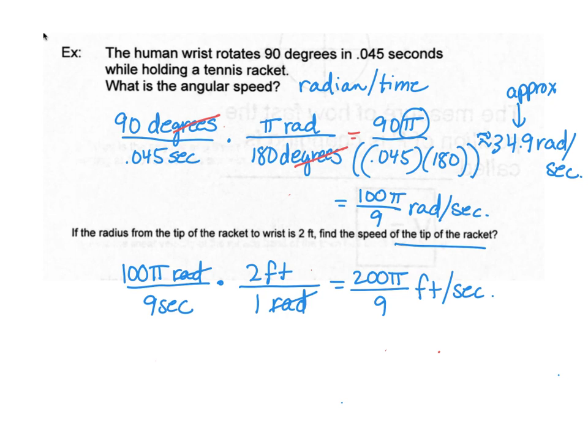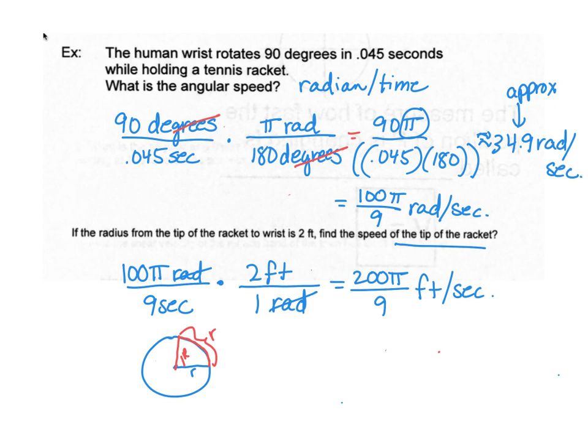Now, let me explain again for those of you who may have forgotten, when you're talking about radians, in 1 radian, I have 1 radius of arc length. That's how it's defined. So this arc length here is the radius of my circle. So that's how we make the conversion from angular velocity to linear velocity.